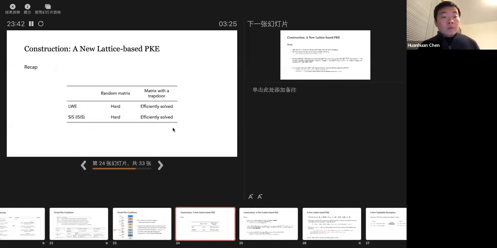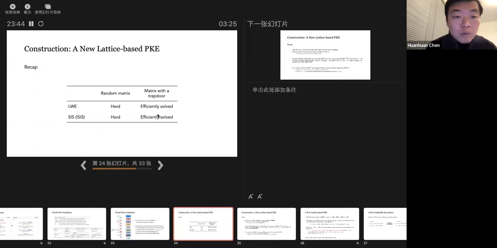Now we go back to our construction part. It's based on lattice techniques, and we have seen that there will be underlying encryption schemes involved in updatable encryption, UE. So our first construction is a lattice-based PKE.